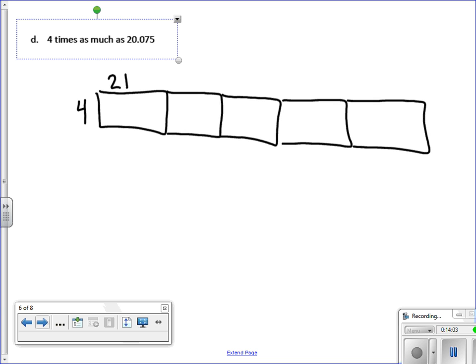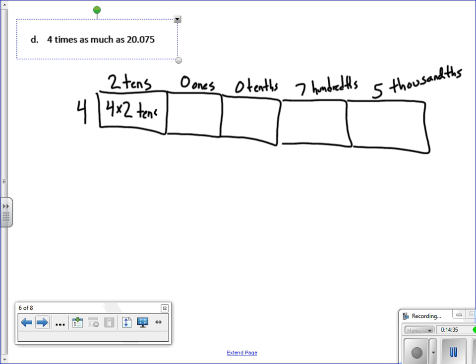We've got 2 tens, 0 ones, 0 tenths, 7 hundredths, and 5 thousandths. First one, 4 times 2 tens. Remember, 4 times 2 is 8, but if you have 8 tens, that is 80.